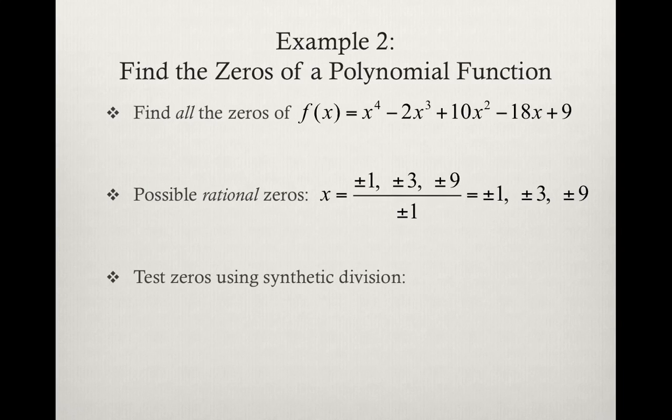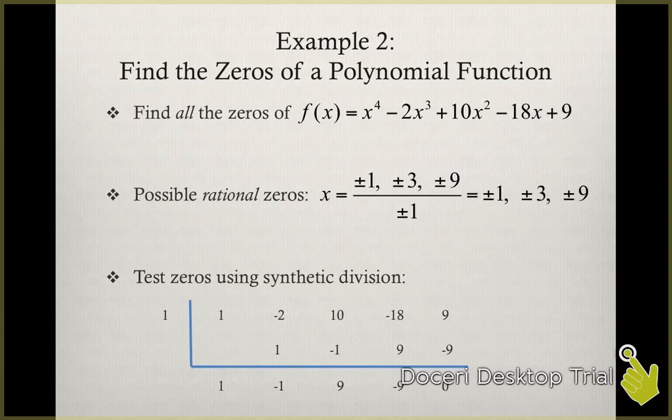So let's start using synthetic division and test things out. And so as we start testing, we find that positive 1 is a 0 because we end up with our remainder of 0 right here. And so that tells us that positive 1 is going to be a 0.